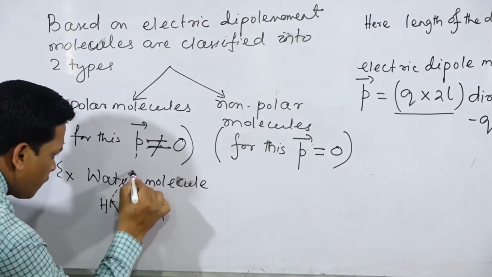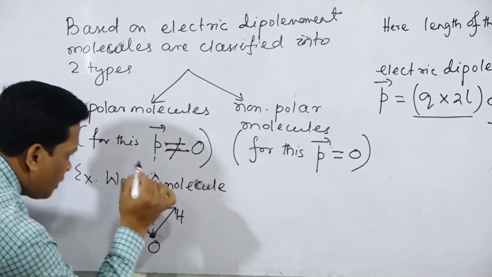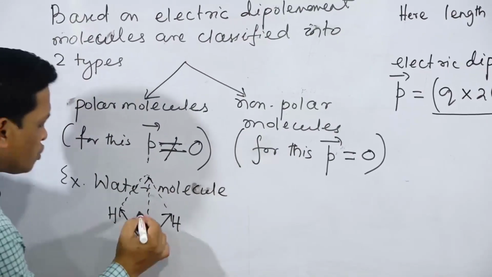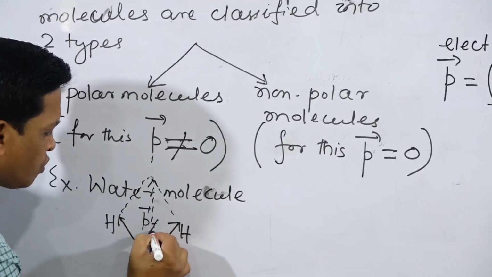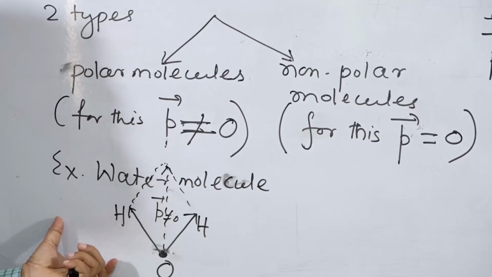Look here, the water molecule has a resultant electric dipole moment, which is not equal to 0. Hence, water molecule is a polar molecule.